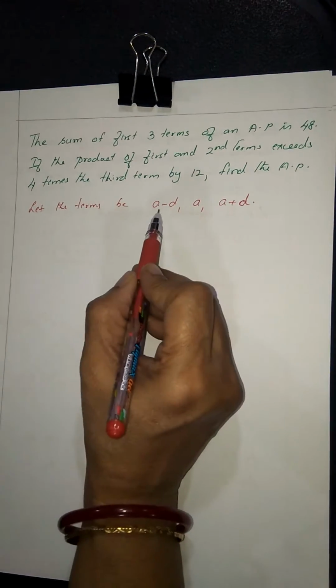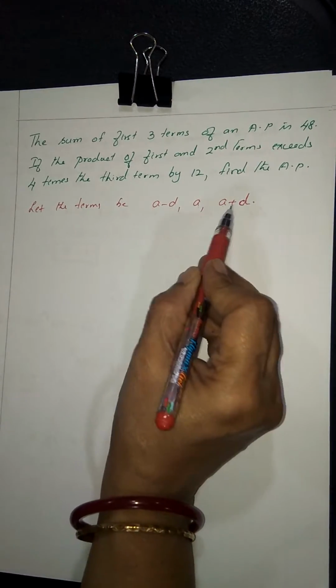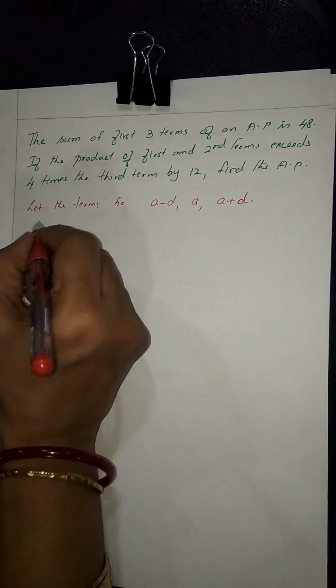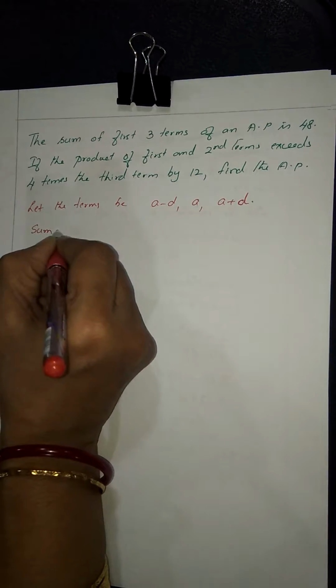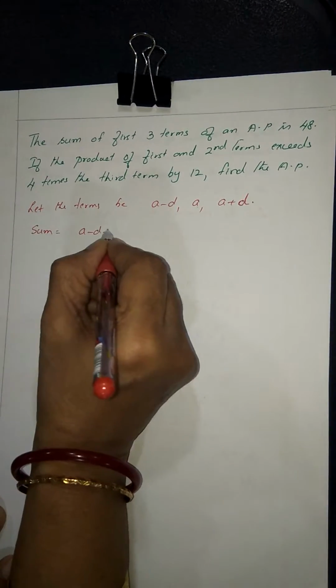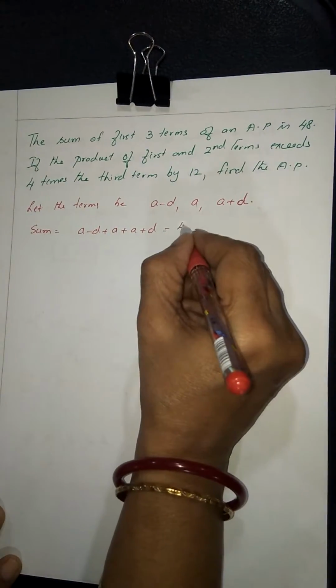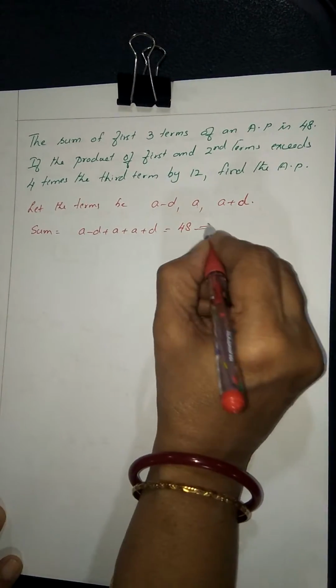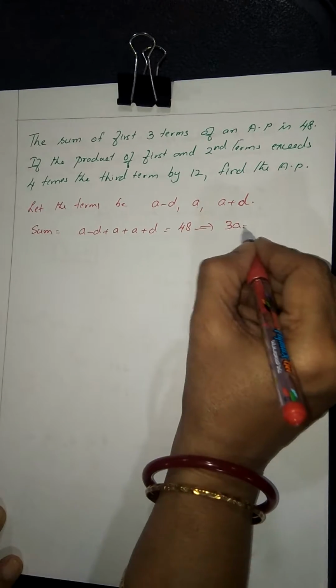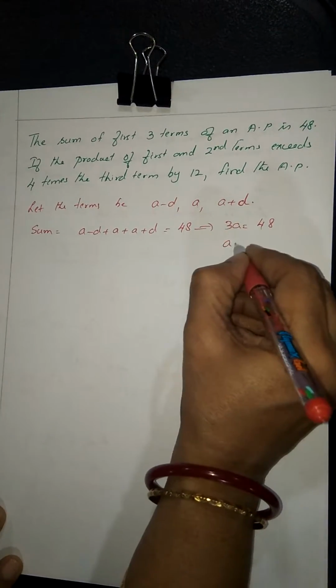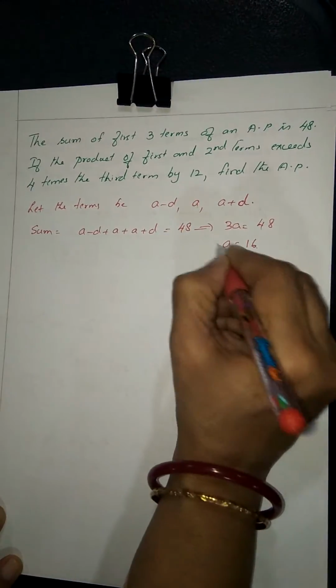Here we are assuming a minus d, a, a plus d. So the sum a minus d plus a plus a plus d is equal to 48. So d and d get cancelled. You get 3a is equal to 48 and a is equal to 16.